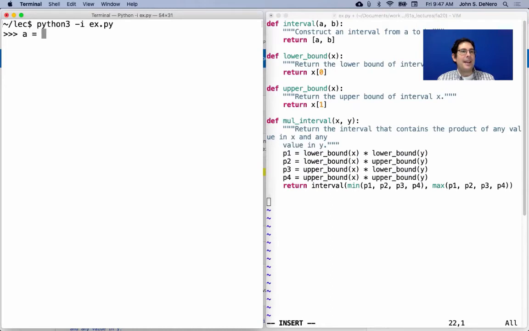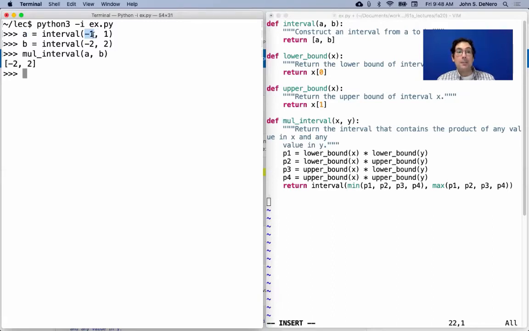What would it mean to have an interval from -1 to 1 and another interval from -2 to 2 and multiply them together? It tells me -2 to 2. Why is that? Well, we don't know what the number for A really is.